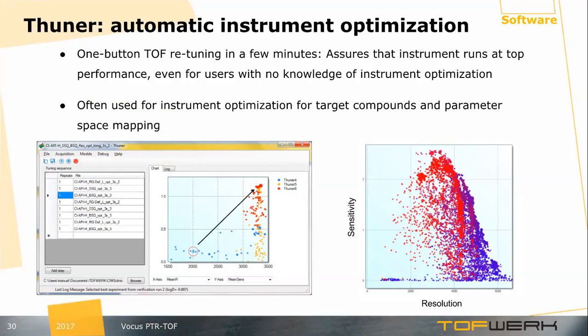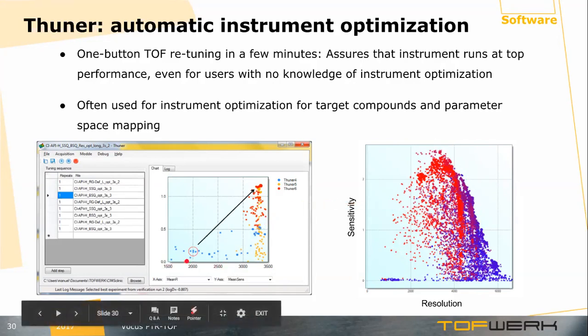So each one of these dots is a separate combination of voltages that Thuner has tested. And you could choose to run at reduced resolution and high sensitivity, or you could say, well, for my application, the concentrations will be quite high. I would instead like to trade off some sensitivity for resolution and move your way along this curve and operate at higher than quoted resolution.